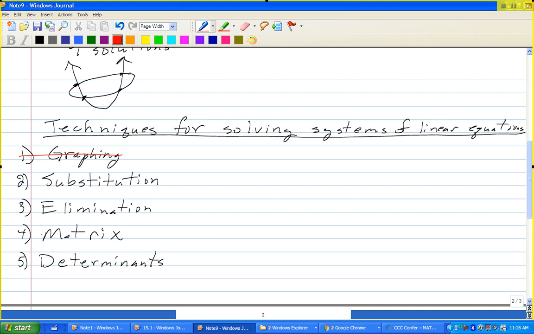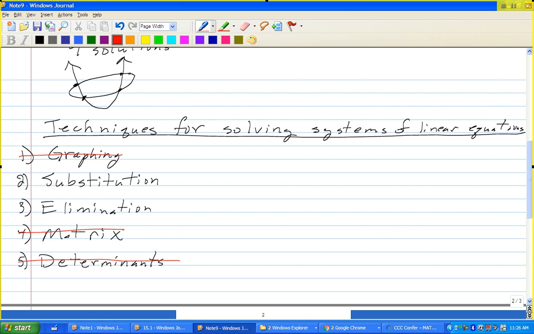Certainly the matrix methods and determinants, you do not have those for nonlinear equations. So the only possibilities are substitution and elimination. It's mostly elimination that we'll be using, sometimes other things, but mostly elimination. And so let's do some examples.